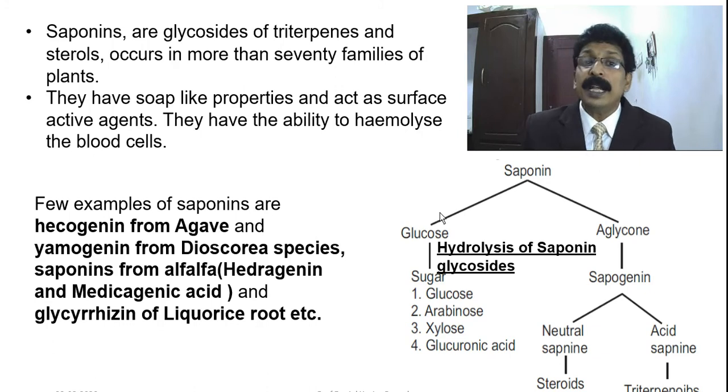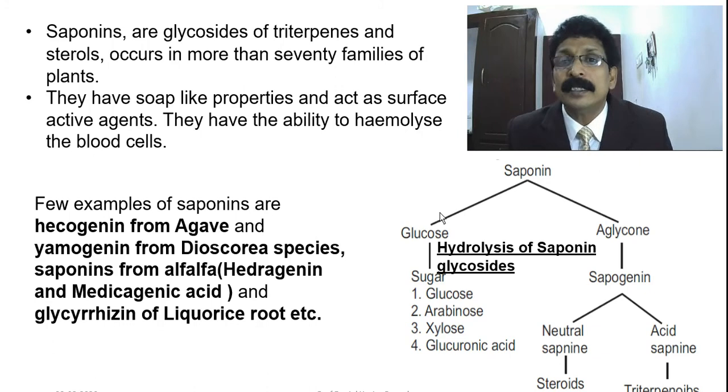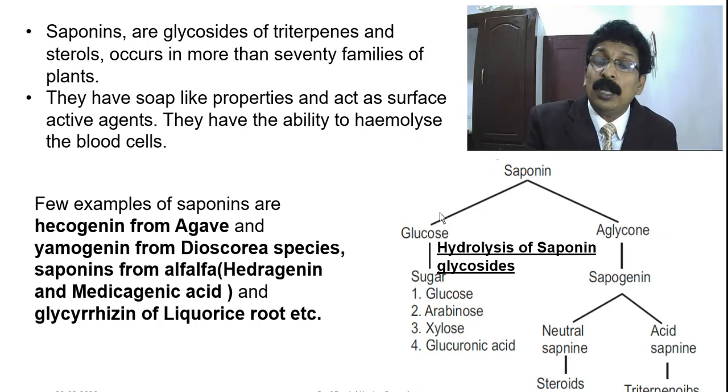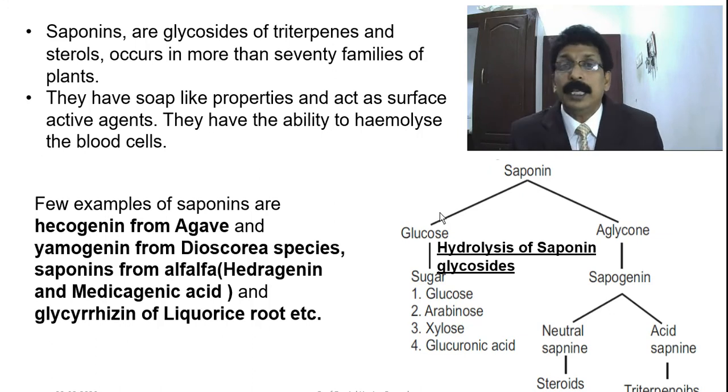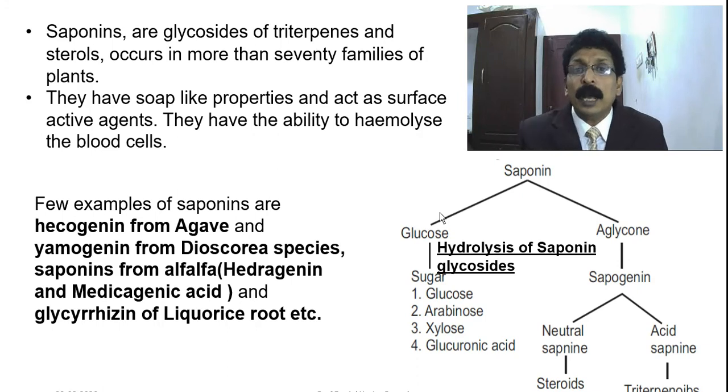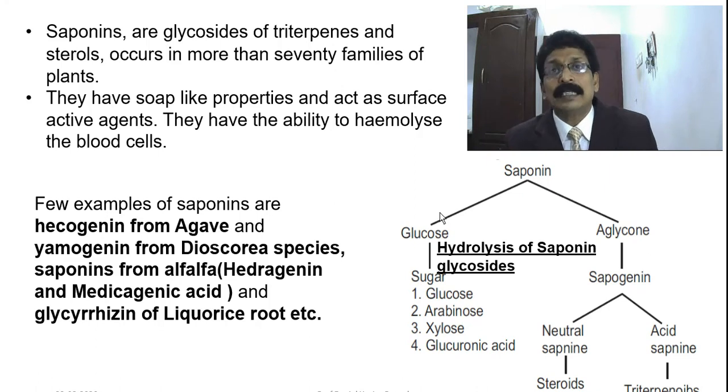And when saponin undergoes hydrolysis, because it is a glycoside, a glucose molecule and a glycan part will be removed, and also an aglycan part. In the glycan part you can see sugars like glucose, arabinose, xylose and gluconic acid formed by the hydrolysis, and the aglycan can give rise to sapogenin, neutral saponin and acid saponin.